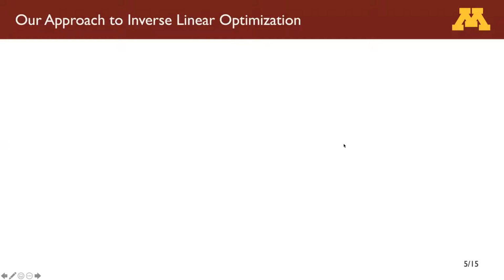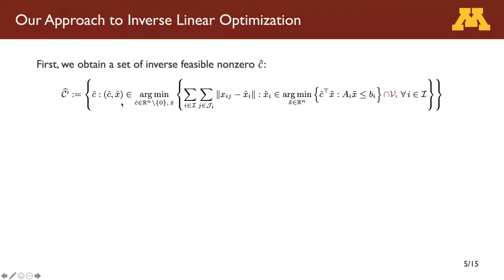Now this slide shows our formulation for the inverse linear optimization problem. The first step in our approach is to estimate the feasible region of the inverse problem that consists of all the non-zero cost vectors that will be feasible to the inverse problem.